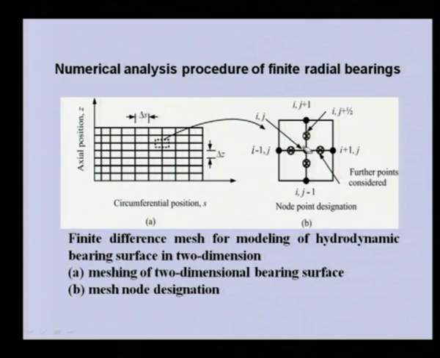So we will be predicting the nodal pressure here with the help of these neighboring nodes, and if required, further points we can consider in between, and for that particular case the node description will be like this.